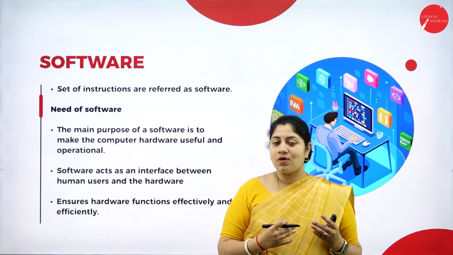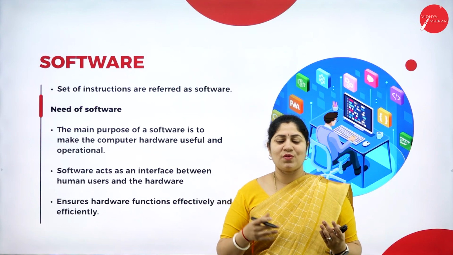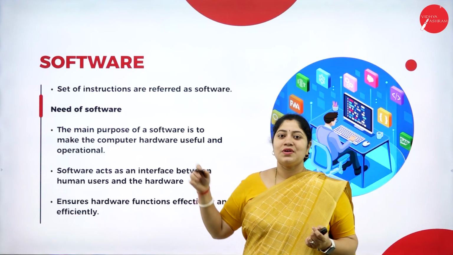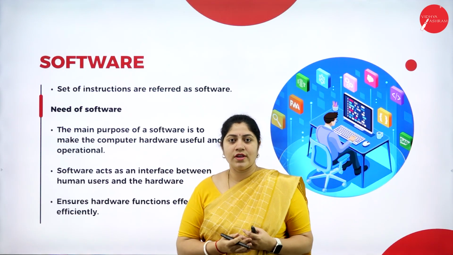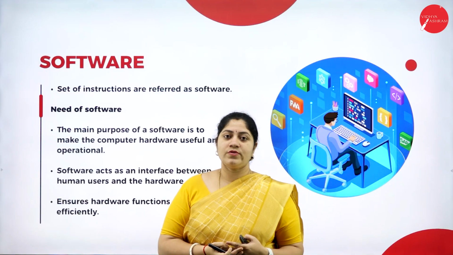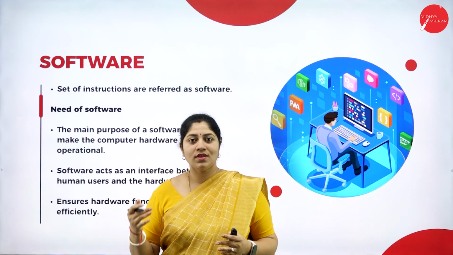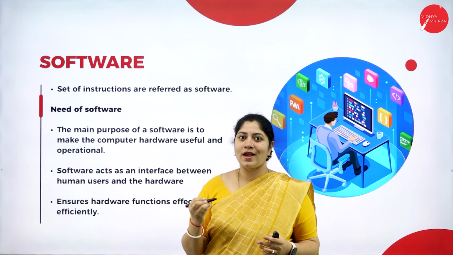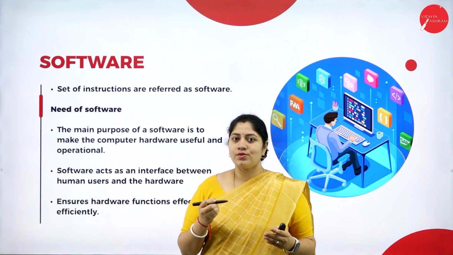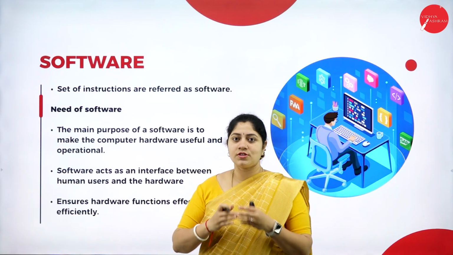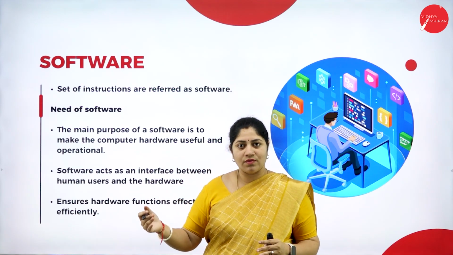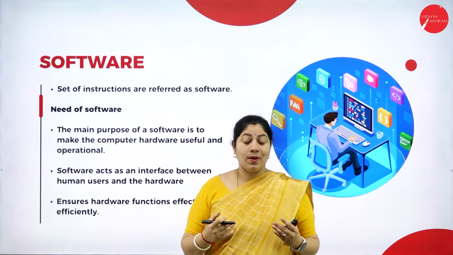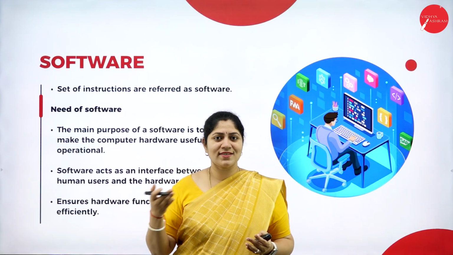Up next, we got rules and regulations, but what is the need of them? Let's see the need of software. The first and very crucial need of software is to make the computer hardware functional and useful. We are using multiple hardwares along with a system, that's along with a CPU. We know what the different hardwares are, but how to make them work?